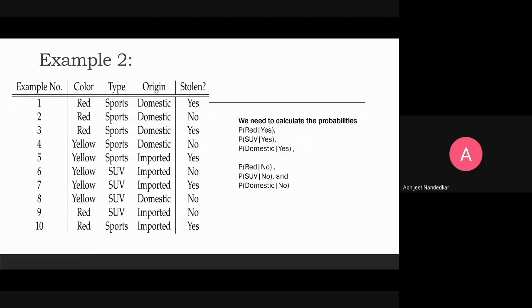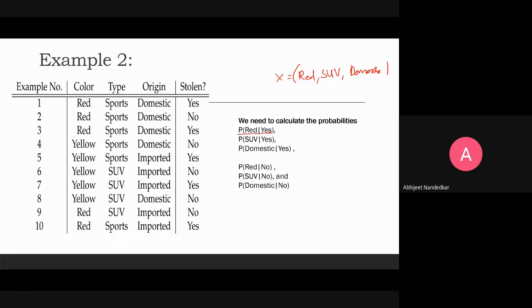So what we need to calculate now is probability of red, because my X consists of red, SUV, and domestic. So this is my data. So this red, if the car is of red color, is it stolen? So that is the question here.